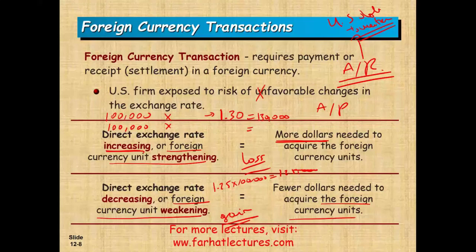If you have a receivable, you want your home currency to go down. If you have a payable, you want your home currency to go up, to strengthen. It means the other currency goes down. So if your currency strengthens and you have a payable, you want that. You want a strong currency if you have a payable.